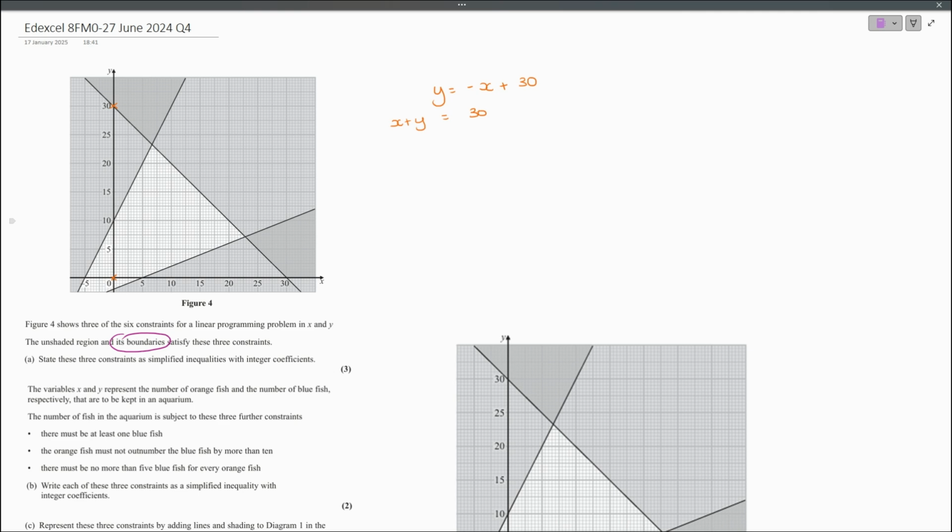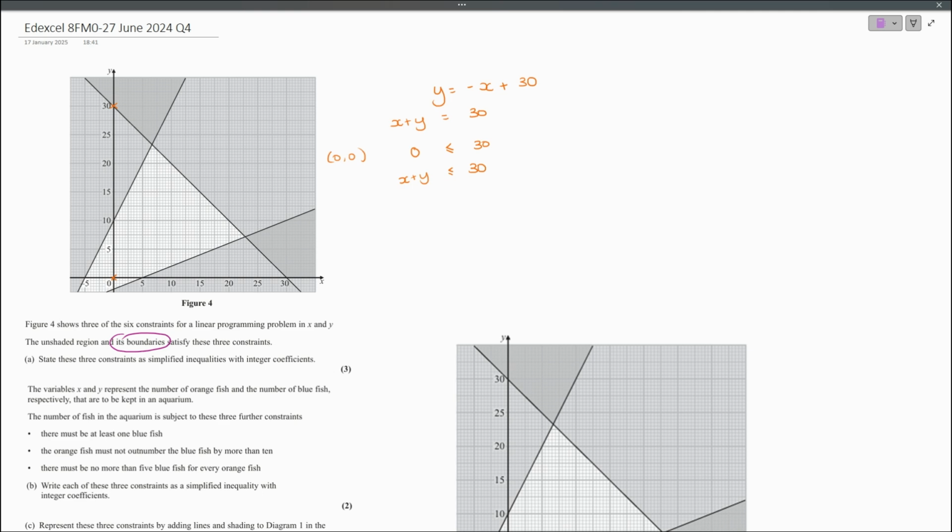So I know it's on the correct side. So if I use 0, 0, I'm going to get that 0 is something 30. So 0 is either larger than or smaller than 30. It's actually smaller than or equal to 30. So my final inequality is going to be x plus y is smaller than or equal to 30.